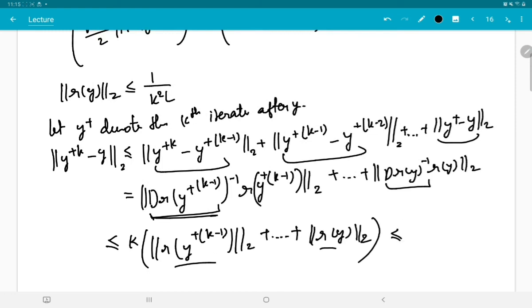We'll have this term less than or equal to, for example, if this is the first term, it will be bounded by half times half to the 2 to the k minus 1 times k minus 1 bounded by that number, and the next one will be bounded by half, and so on. So this is k times, I take out the first term, sorry, the first term cannot be bounded, the first term I can take out, and the rest of the terms can be bounded in terms of the first term.